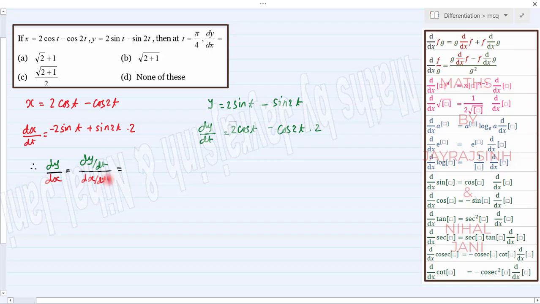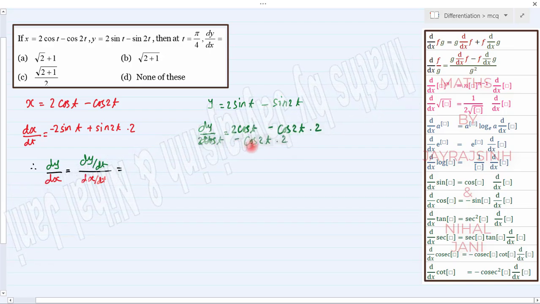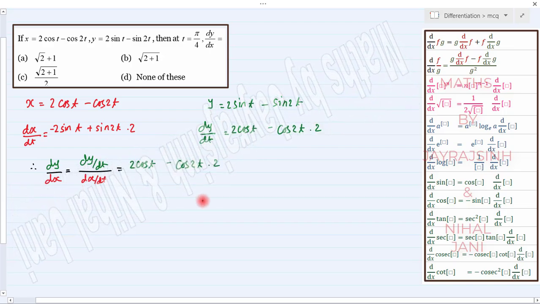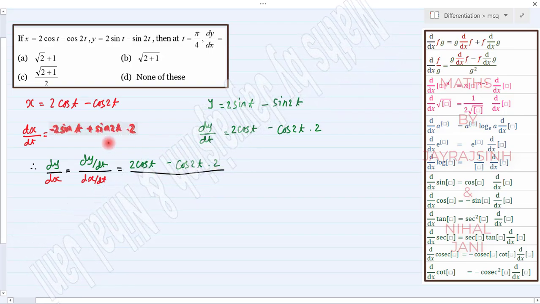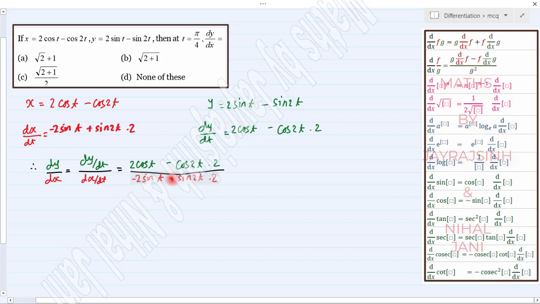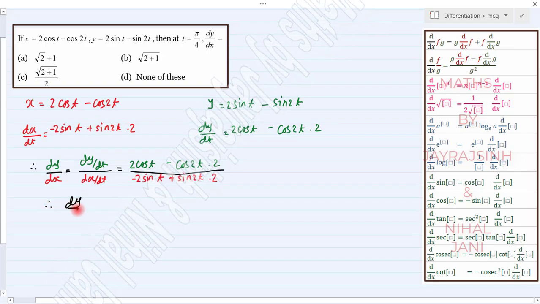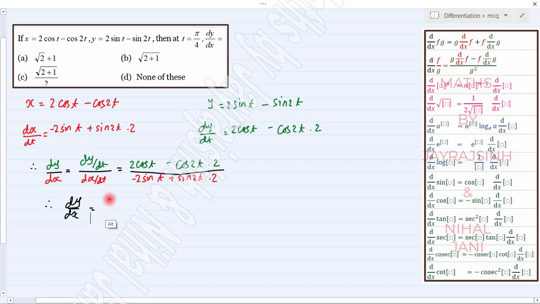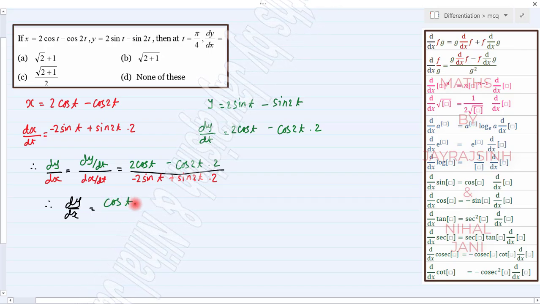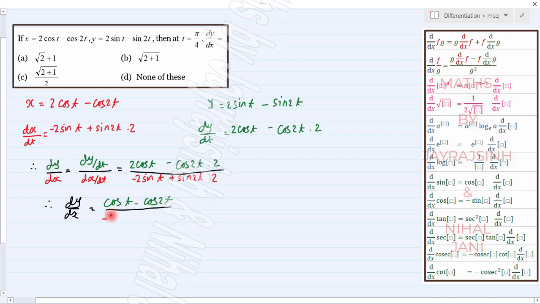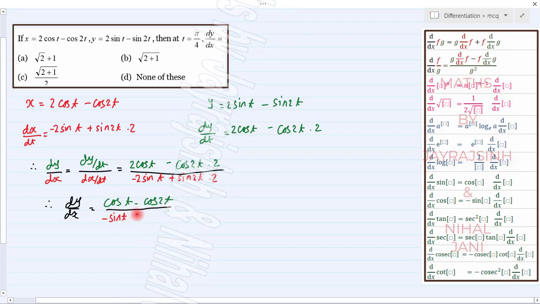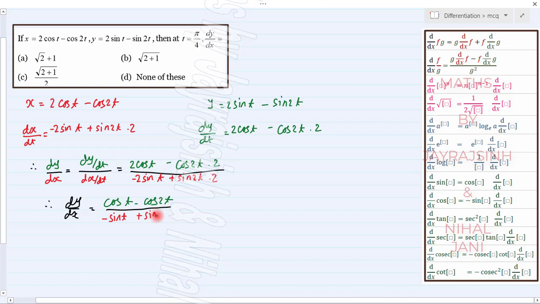So let's get our numerator from dy by dt upon dx by dt. So we get dy by dx is equal to cos t minus cos 2t upon minus sin t plus sin 2t.